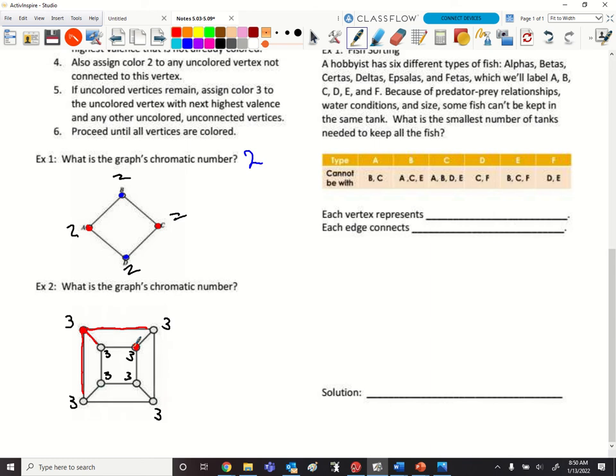So, that means that when I do this, this one cannot be red, this one cannot be red, and this one cannot be red.